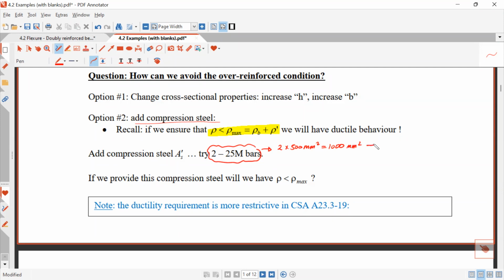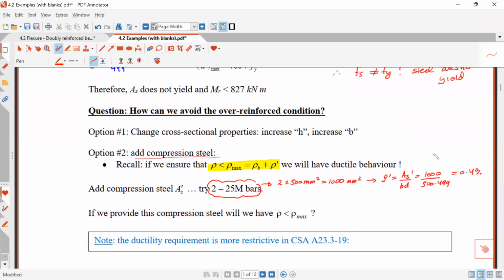That corresponds to a rho prime, which is As prime over b d, of 1000 over 500 times 499. It's equal to 0.4%.